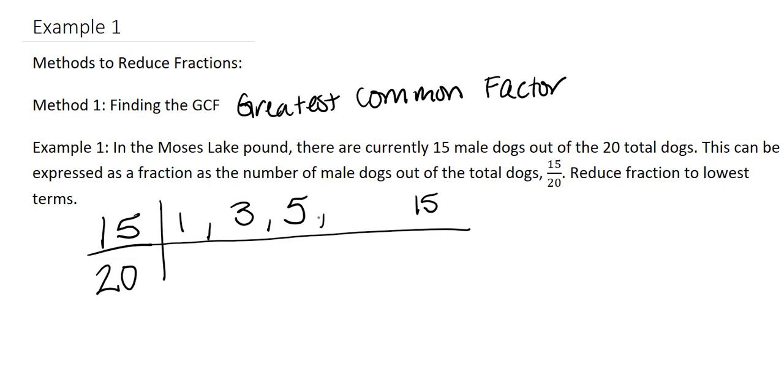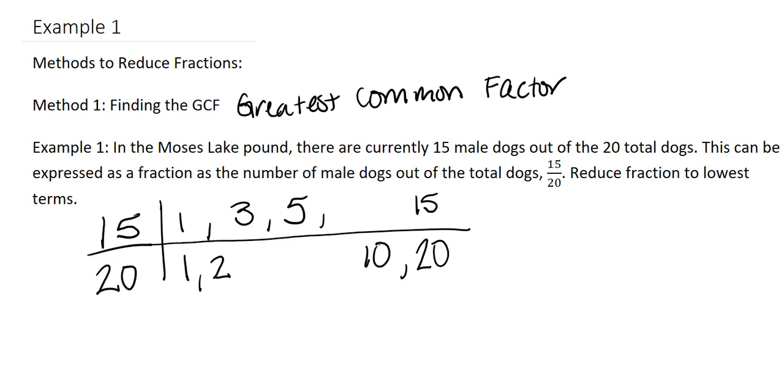Now we need to look at 20. What are the factors of 20? Well, we know 1 and 20 are factors because 1 in itself is always a factor. We also notice that 20 is even, so we can do 2. So 20 divided by 2 is equal to 10. So those are factors of 20. We notice that 20 cannot be divided by 3, because if we add up the digits, 2 plus 0, it's 2, which is not divisible by 3.